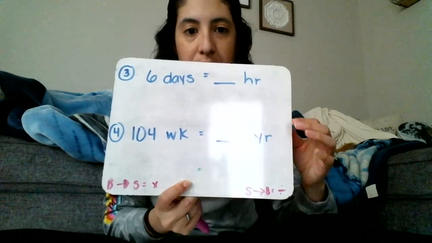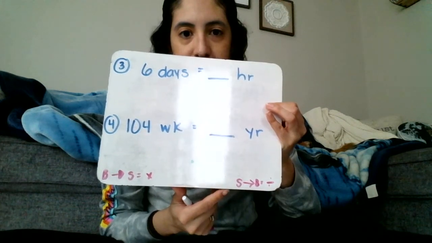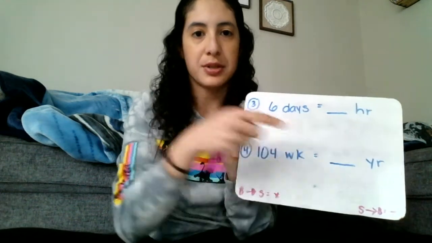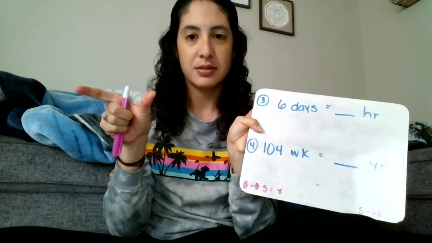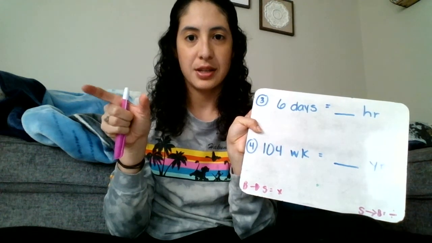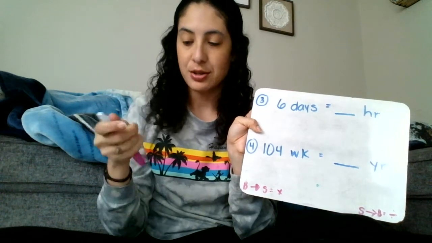Now once again, we have our big to small and small to big. Let's do number 3. It wants me to take days and turn them into hours. So days, hours, going from big to small. So that means we're going to multiply.